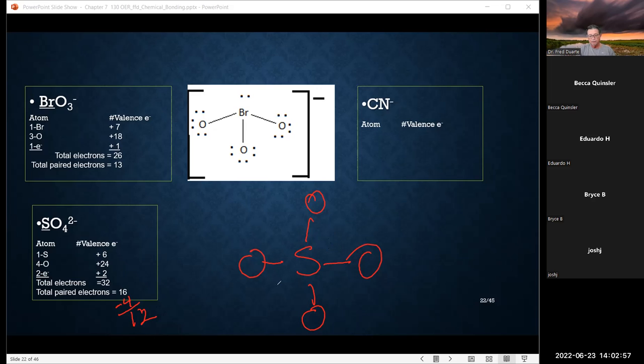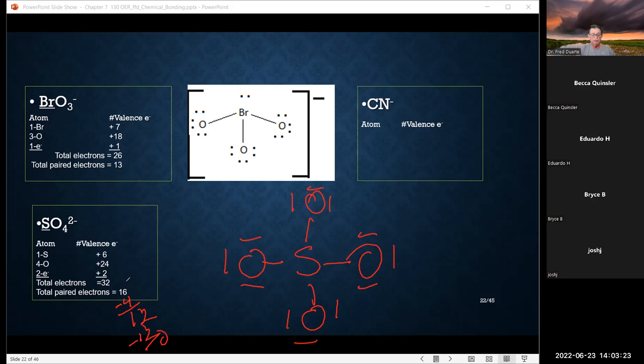So the other 12 have to go around the oxygens. Each one's going to take 3. 1, 2, 3, 4, 5, 6, 7, 8, 9, 10, 11, and 12. That's 12 around the oxygens plus the 4 we already had.